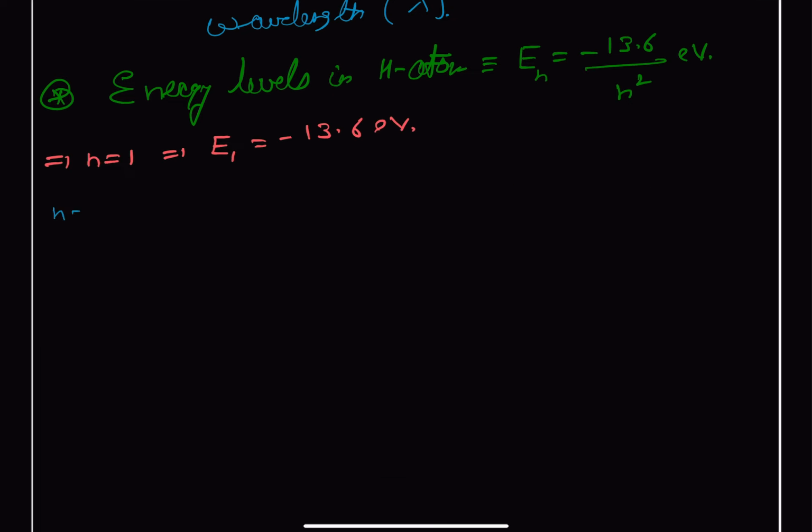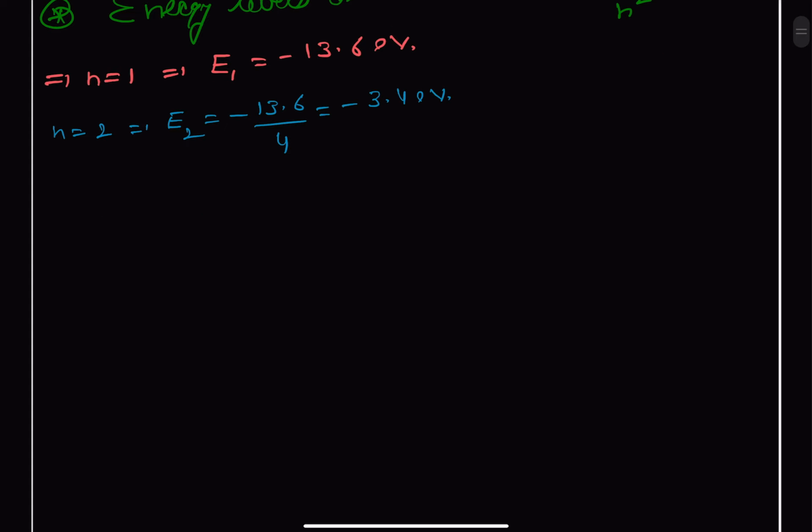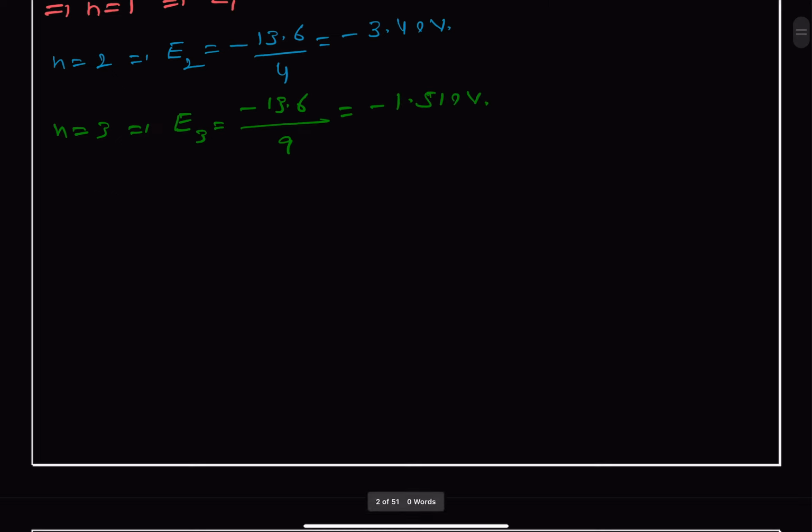For n equal to 2, the energy at that level is our E2, which will be minus 13.6 upon 4, which comes approximately as minus 3.4 electron volt. We have n equal to 3, giving us E3 equal to minus 13.6 upon 9, which comes as minus 1.51 electron volt.